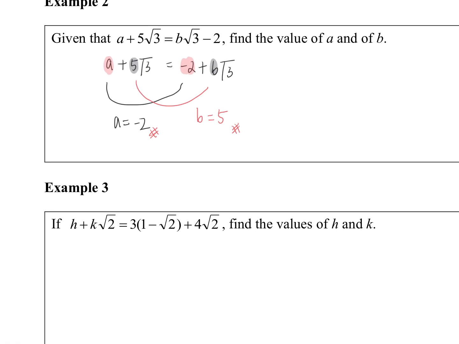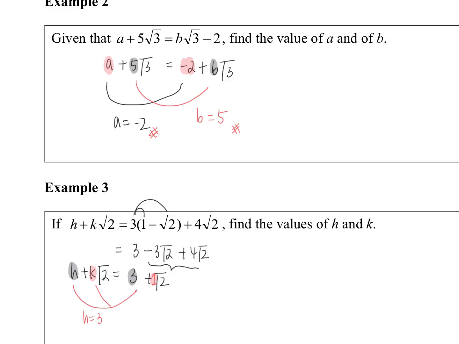Same thing, right hand side, go and expand first, and then simplify. Then now you can compare term by term. So H is 3 and K is the number in front here, which is a 1. Okay, very, very simple and direct.